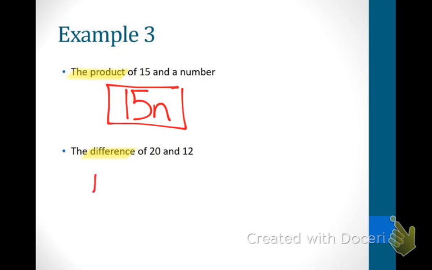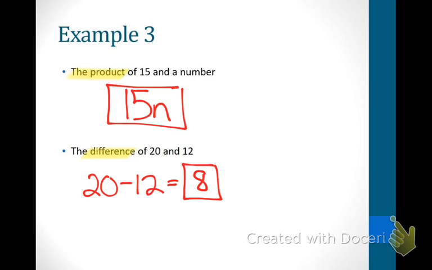So 20 minus 12 equals 8. And I actually could evaluate that. I couldn't evaluate the first one because I don't know what n equals. All right, so we're just using those key words to plug them in and connect our numbers and variables.